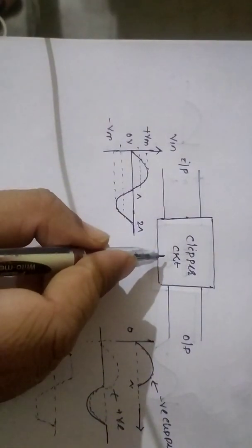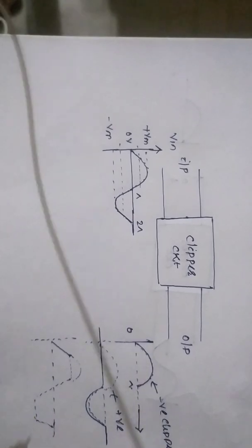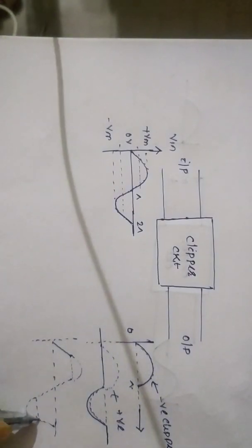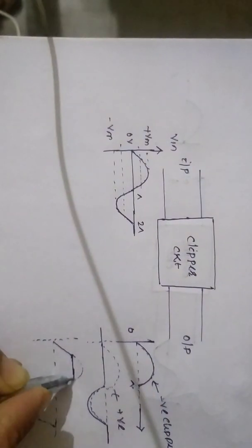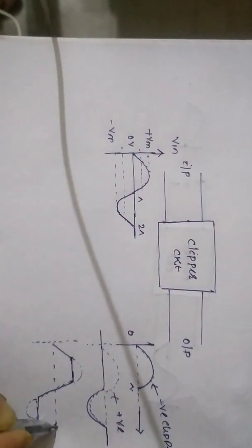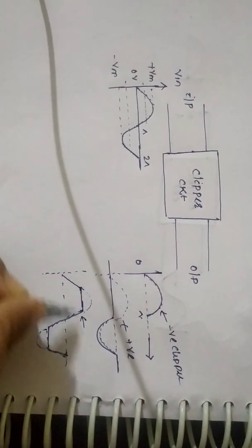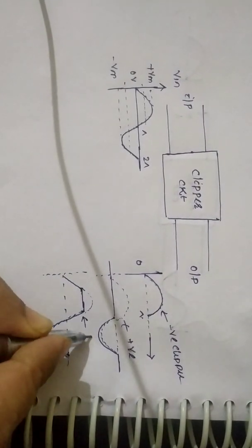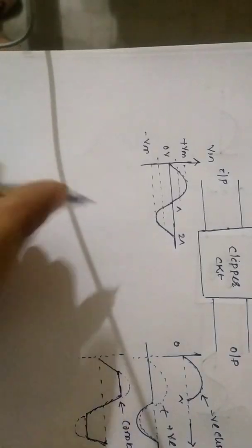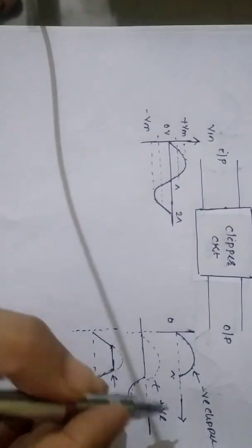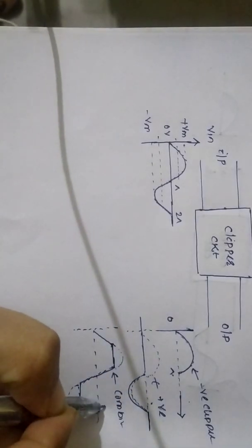So this circuit is going to remove the unwanted portion of the positive half and the unwanted portion of the negative half, and this is my desired output. In this condition, it is known as a combinational clipper. So broadly we can classify the clipper as positive clipper, negative clipper, and combinational clipper.